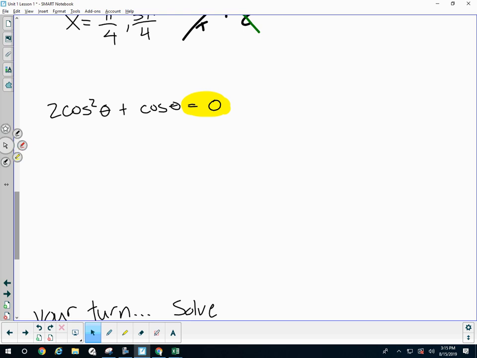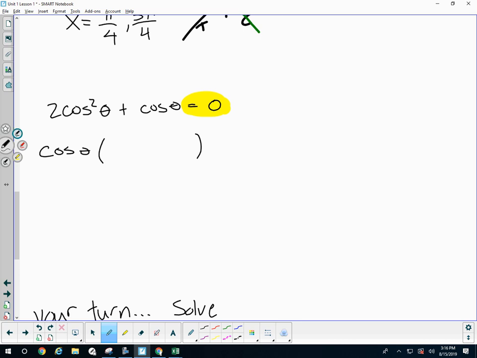And when you have an equation set equal to 0, having a product on one side will help us tremendously. Now, I do not have a product right now. I have a sum. I have this one plus this one. But we will be factoring very often in this class to turn a sum into a product.